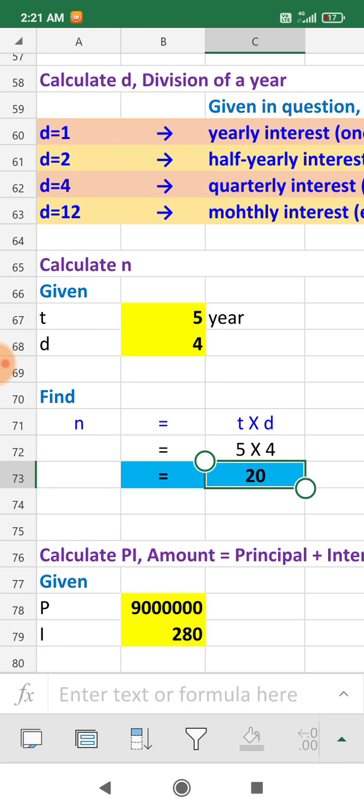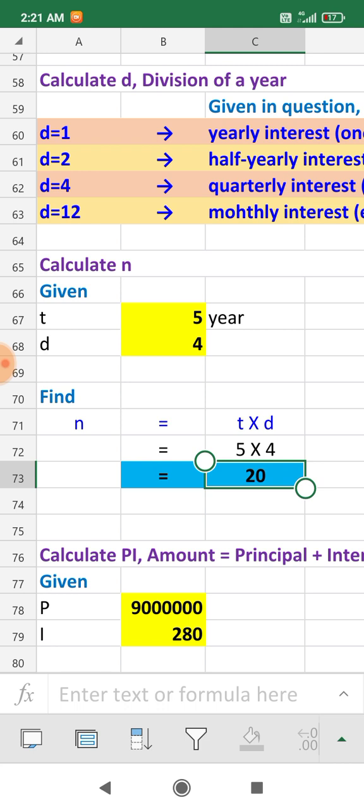That's why it is called compound. But in case of simple interest, the interest will be calculated for the 5 years. 5 years means 5 times will be calculated.